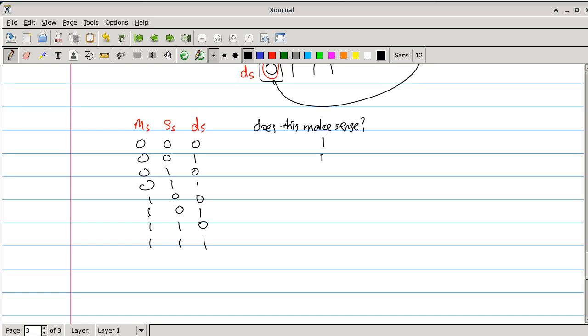So yes, in fact, this makes sense. But wait, if that makes sense and it should happen in every single case, that means this does not make sense. It is not possible. Exactly. And this one is not possible either. Because this one says we start with a negative value, we subtract a non-negative value from it, and then somehow we end up with a non-negative value. That doesn't make sense. Okay? And then all the other ones make sense. Okay, 1, 1, and 1.